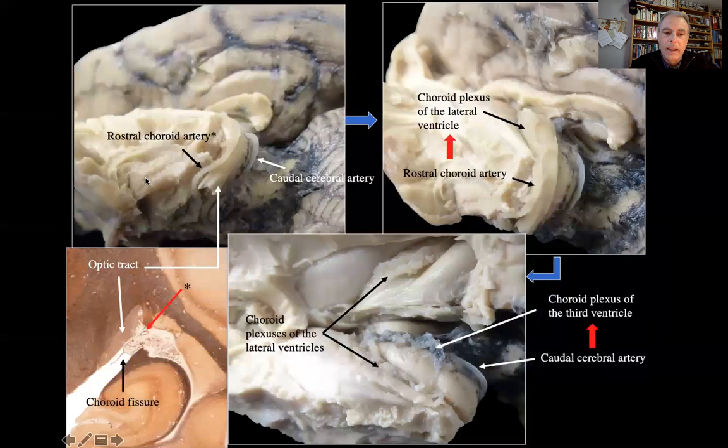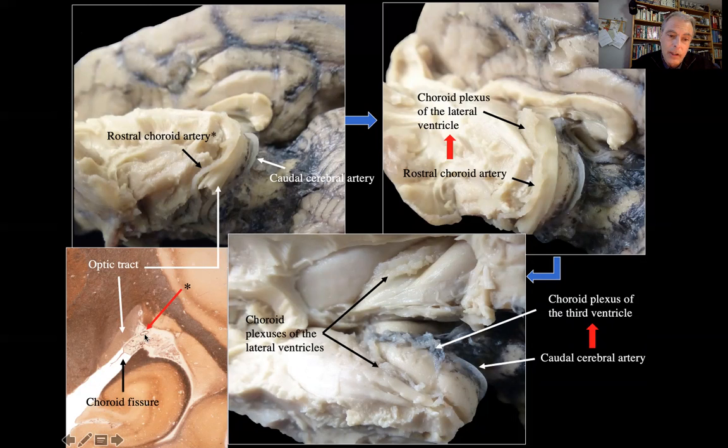Again, important to remember: the rostral choroid artery here runs lateral to the optic tract, and the first branch of the caudal cerebral artery here runs between the medial geniculate body and the lateral geniculate body, and this is the one responsible for the arterial blood supply to the choroid plexuses of the third ventricle, while the choroid plexuses of the lateral ventricle are supplied by the rostral choroid artery.